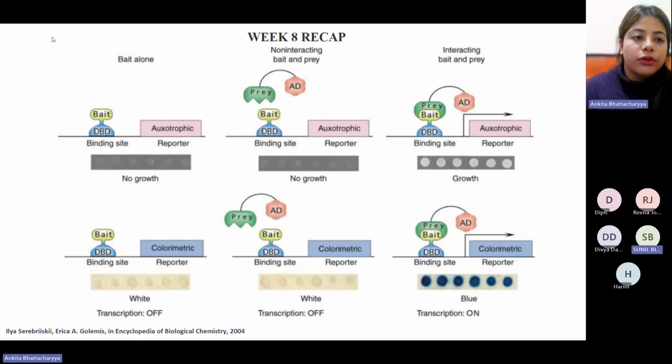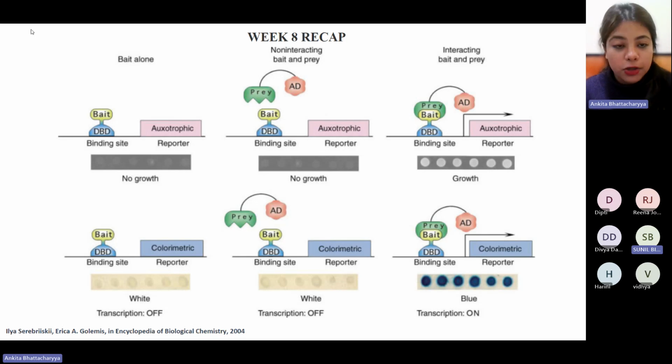Now, if you are not already familiar with it, auxotrophic genes in particular are those which are necessary for a cell to survive. They are genes that have been mutated from the cell, and only when there is external expression of these particular genes will the cell be able to survive, and we will observe growth.